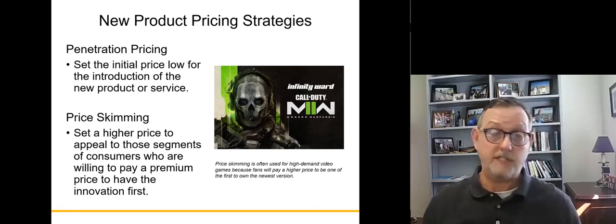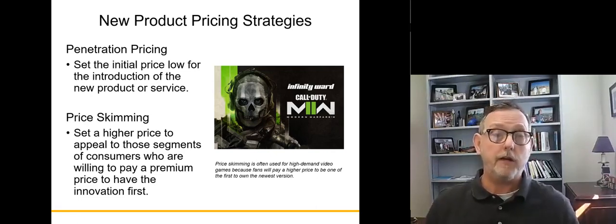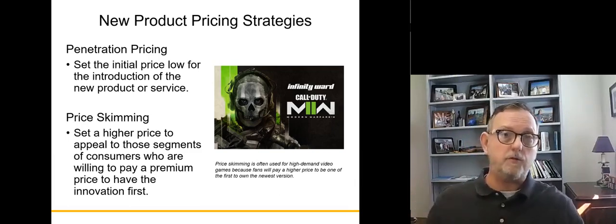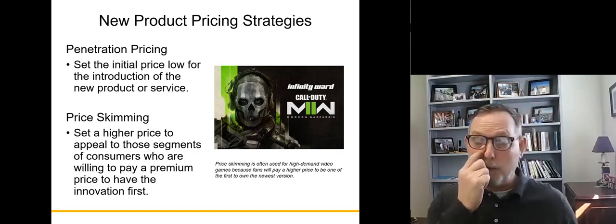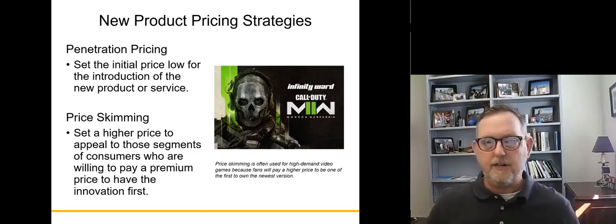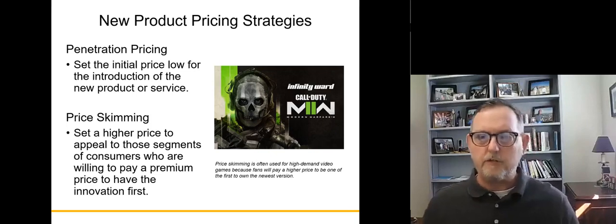Apple does this very consistently. A new phone will come out, a new product will come out, and they'll set the price high, and then over time the price will come down a little bit, and then when a new product comes out, it'll go down quite a bit. We have this example of Call of Duty and video games in general.